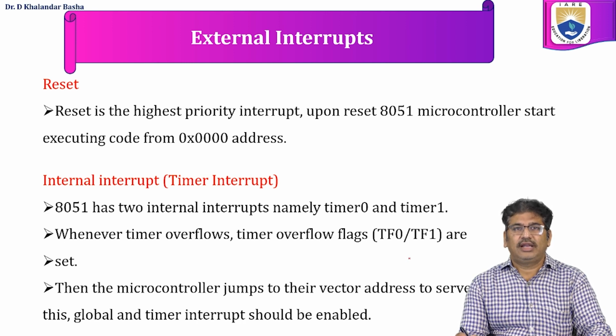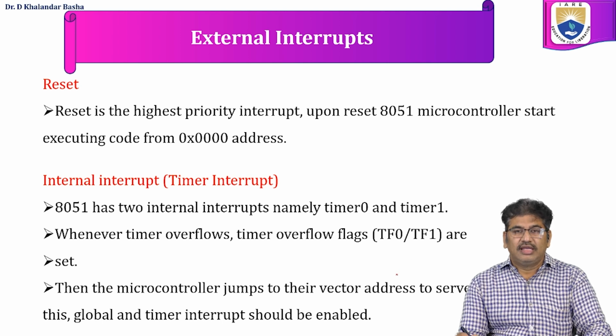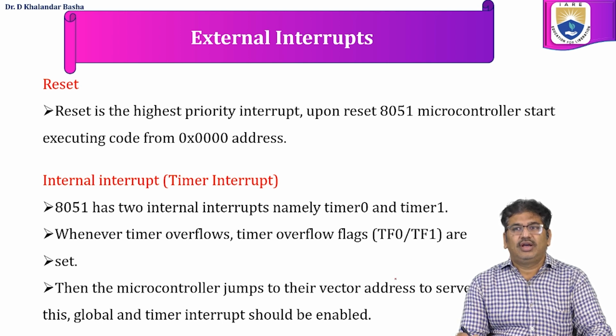The 8051 has two internal interrupts generated by the timers, namely timer 0 and timer 1. Whenever the timer overflow flags TF0 for timer 0 and TF1 for timer 1 are set, the microcontroller jumps to the vector address to serve the ISR. The global and timer interrupts should be enabled.